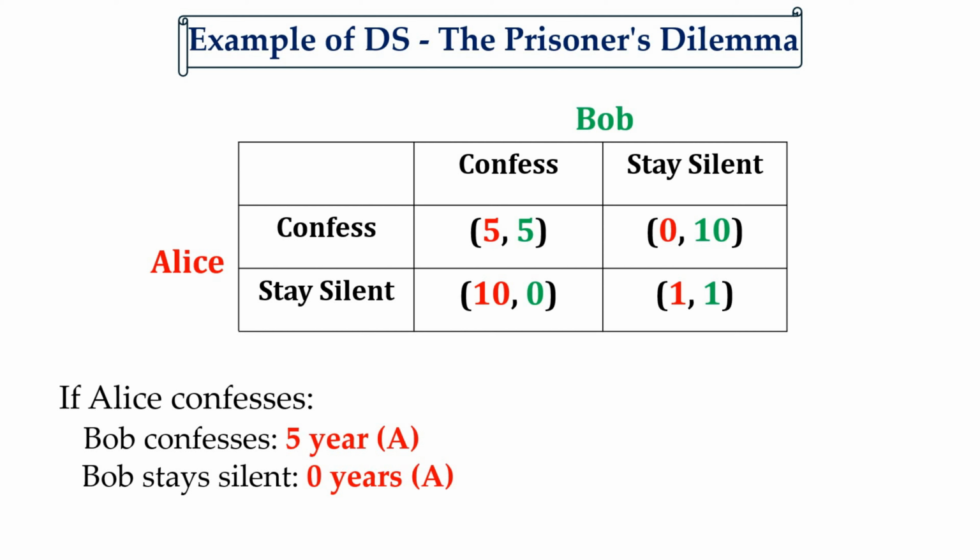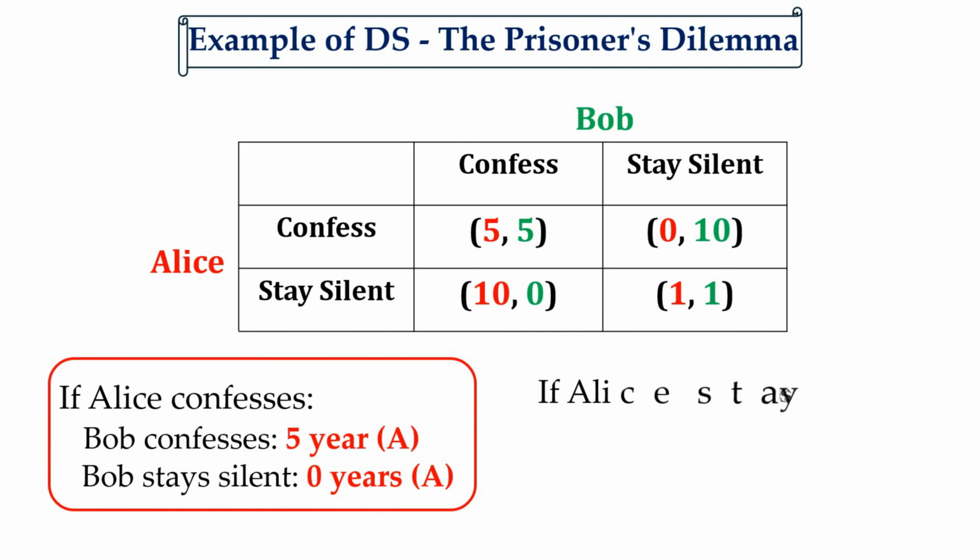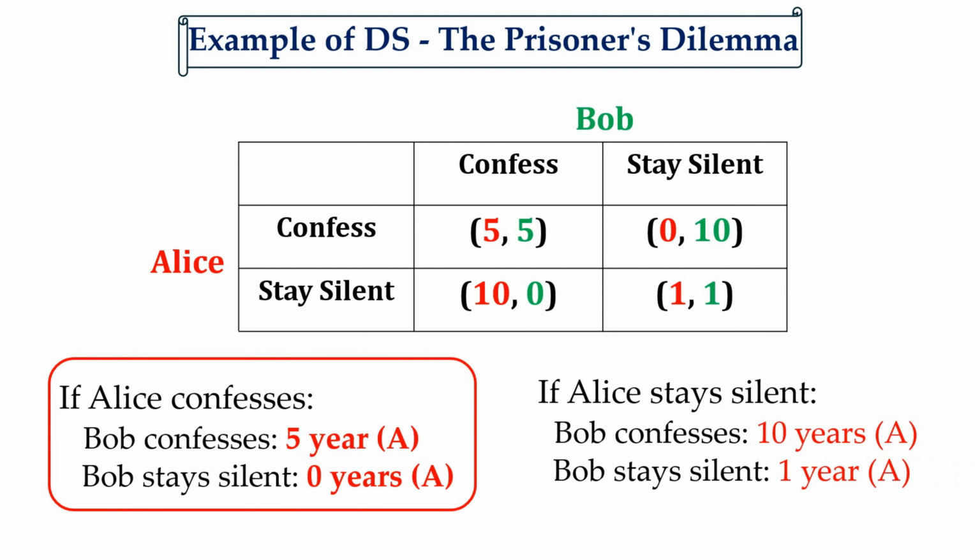If Alice stays silent, she might be at risk of 10 years if Bob confesses, and if Bob is silent, then she will be in jail for 1 year. So 5 years or 0 if Alice confesses is preferred to 10 years or 1 year if Alice stays silent.